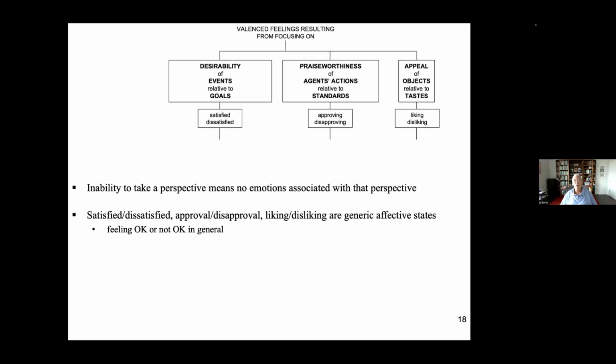And therefore, emotions related to praiseworthiness would be inaccessible, whereas some of the emotions related to events would be. Again, these terms, satisfied, dissatisfied, and so on, we think of as generic affective states. It's more like you're feeling okay or not okay about things in general.